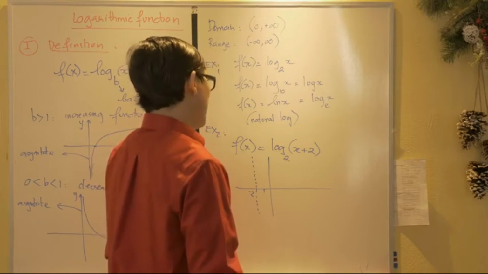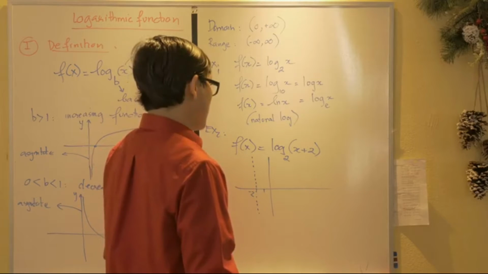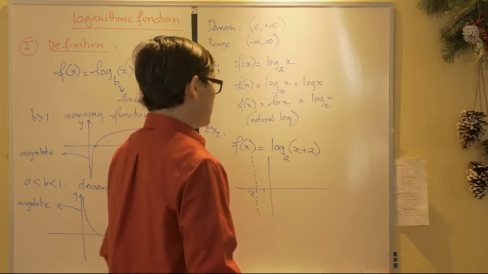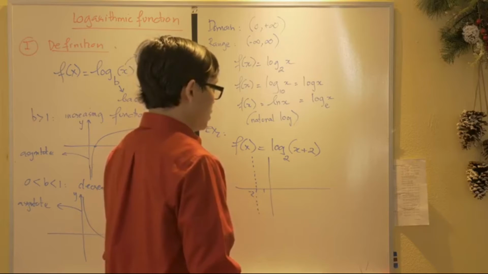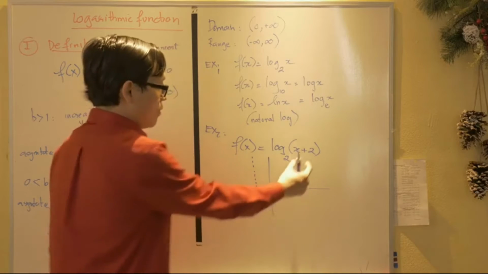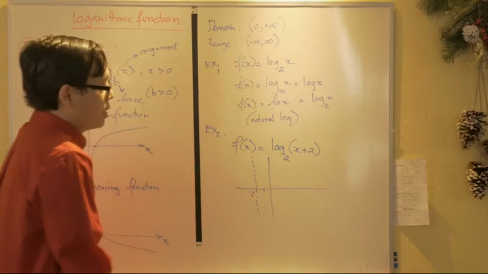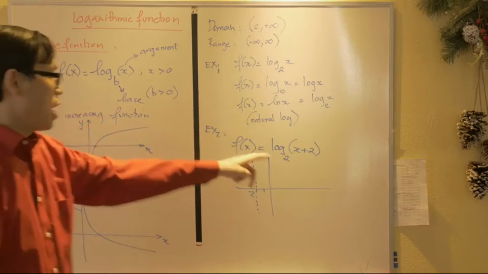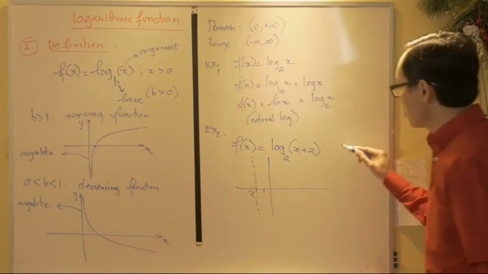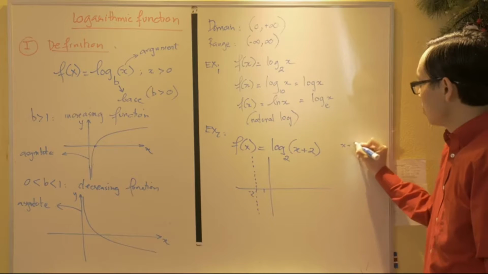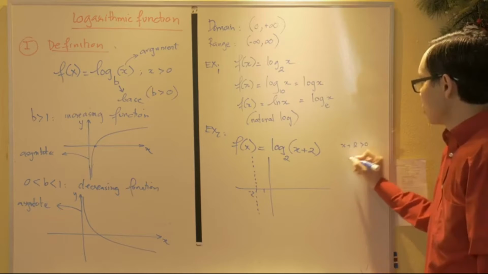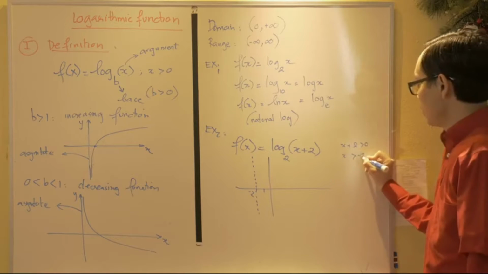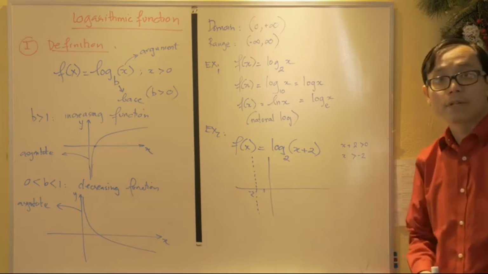In this case, everything inside must be greater than 0, because the argument must be greater than 0. The argument here is x plus 2, so x plus 2 must be greater than 0, so x must be greater than -2.